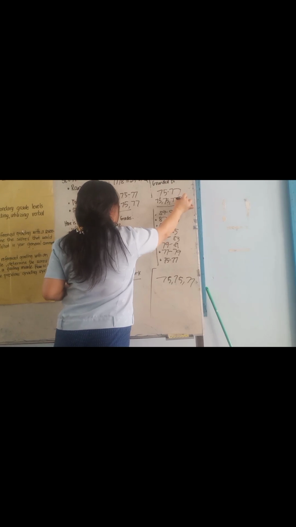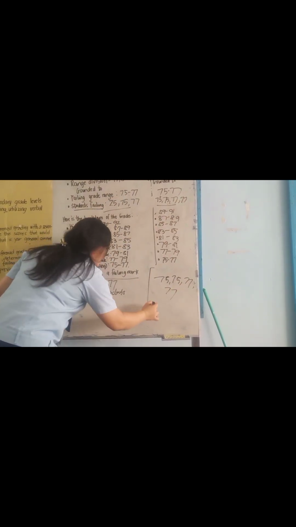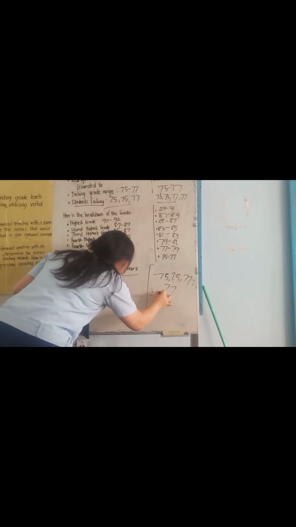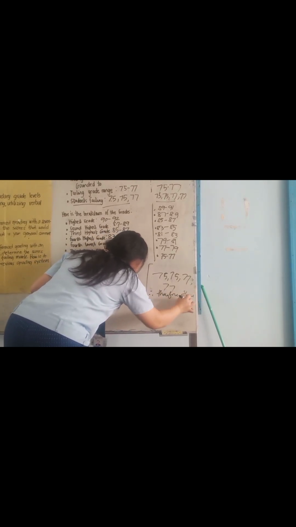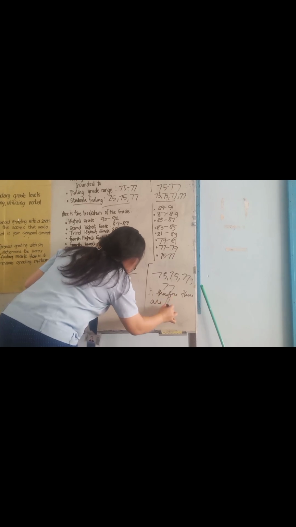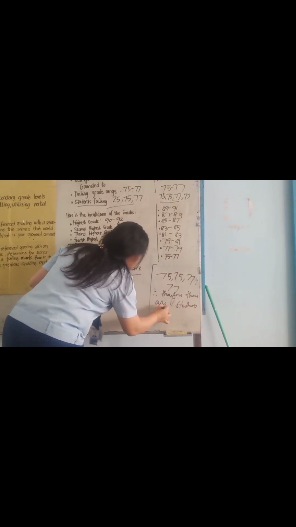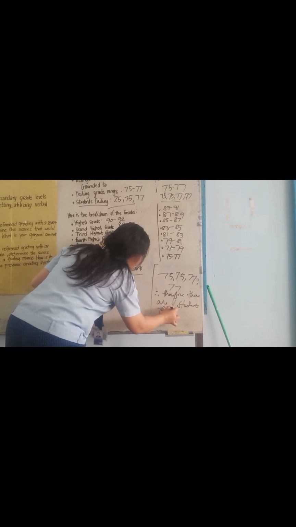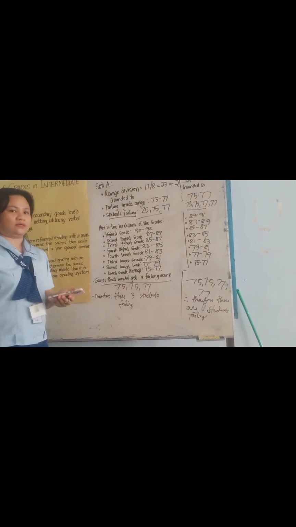There are 2 77s in the set. Therefore, there are 4 students failing in set B if we apply the 8-point scale.